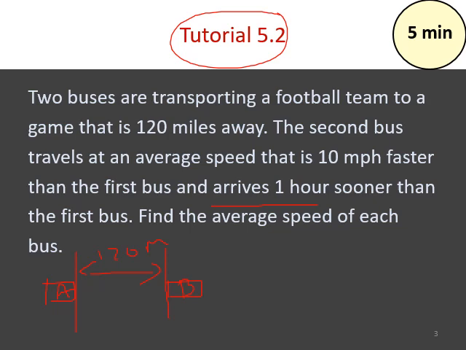Because this involves speed, the speed for bus A equals the distance, 120 miles, divided by the time taken by bus A. Then the speed for bus B, we don't have much info, but we know that it equals 120, the same distance, divided by the time taken by bus B, or equals TA minus 1, because it's faster.